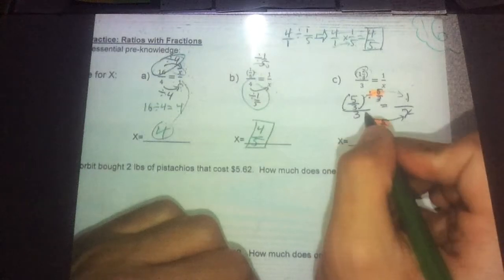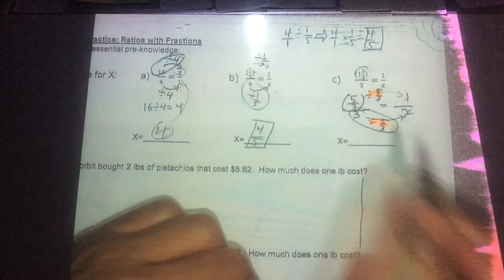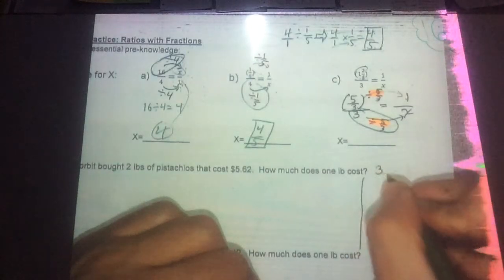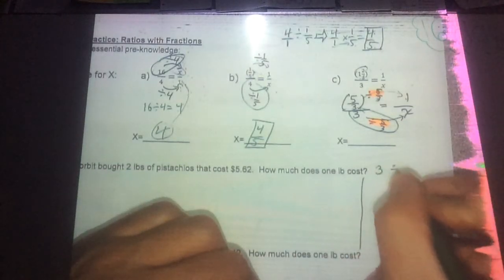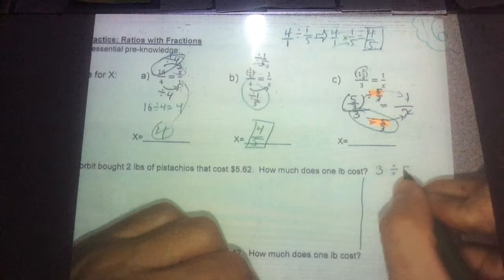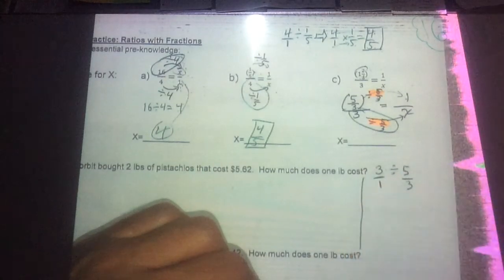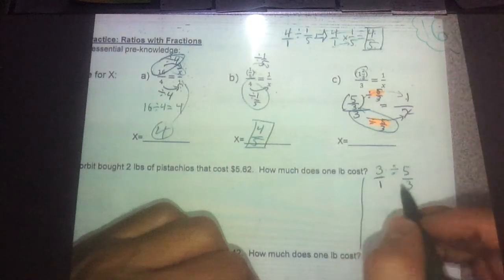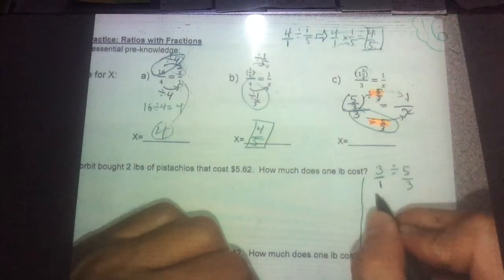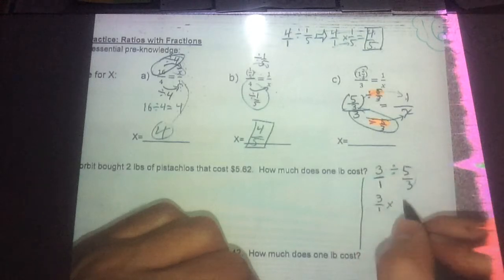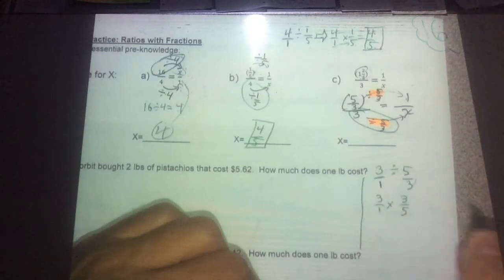So this is the key operation right here. 3 divided by 5/3. So we have 3 divided by 5 over 3. And don't forget to write the 3 as 3 over 1. This turns into 3 over 1 times, we're going to take this and flip it, 3 over 5.